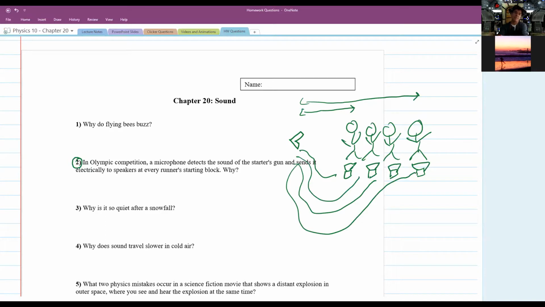The signal in a wire basically travels at about the speed of light. And so all of these runners are now going to hear the sound at the exact same time. Whereas if I just had to rely on sound traveling through the air, the people farther away from the starting gun would be at a disadvantage.